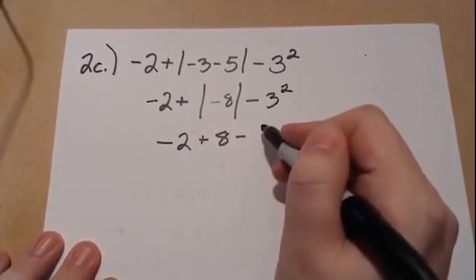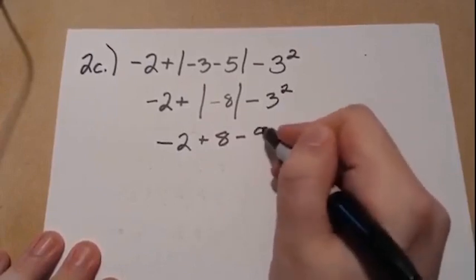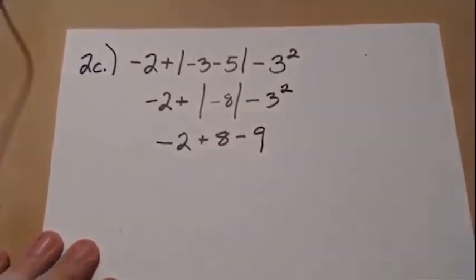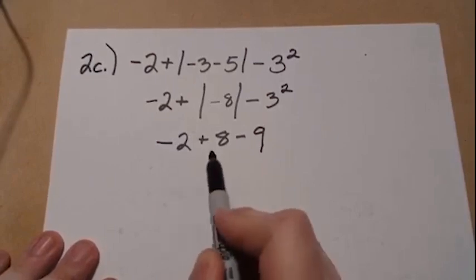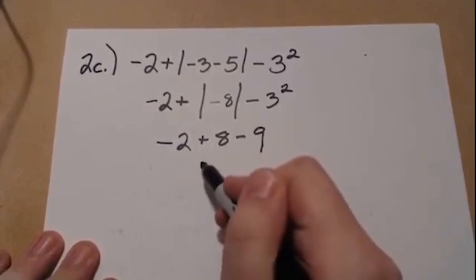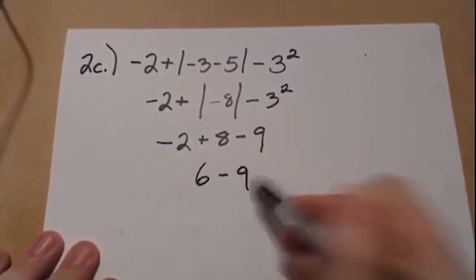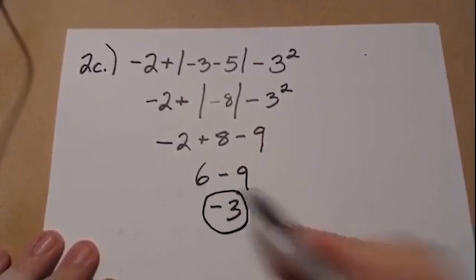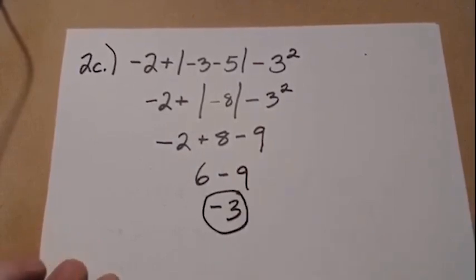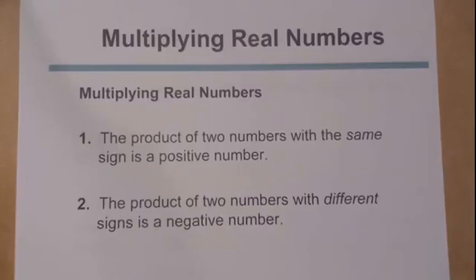And the absolute value of negative 8 is positive 8. Exponents next. 3 squared is 9. So finishing this up, negative 2 plus 8, that's going to be positive 6, minus 9. Hopefully you got an answer of negative 3.